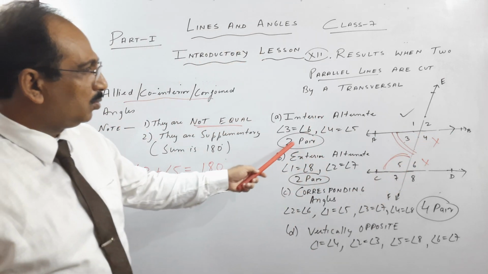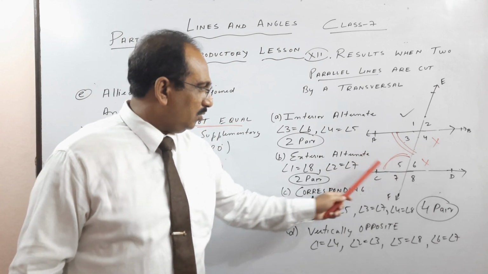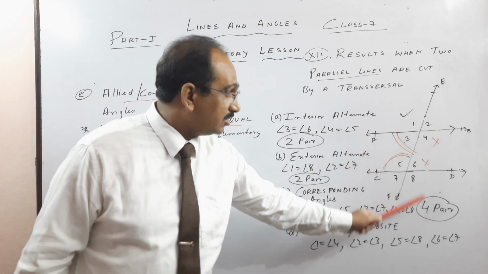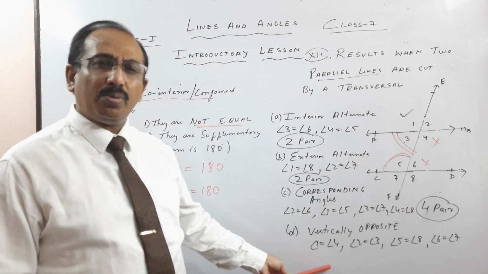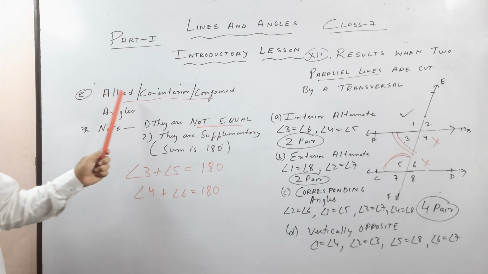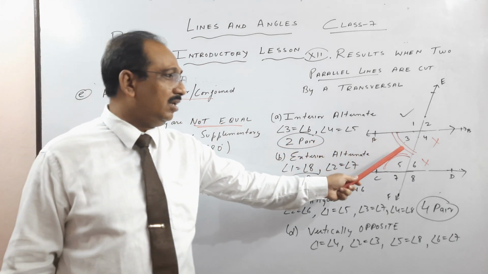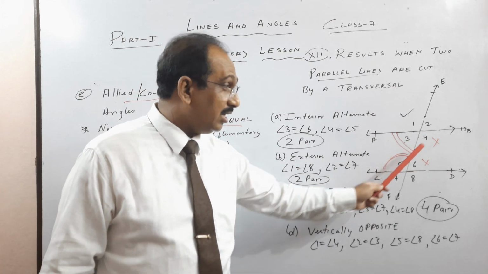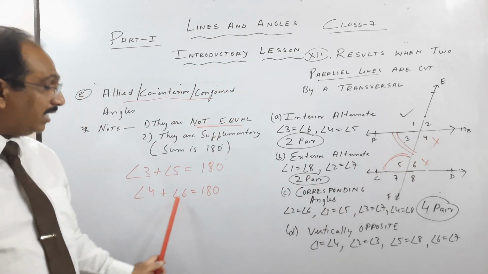So here we had two pairs of interior alternate, two pairs of exterior alternate, four pairs of corresponding angles, four pairs of vertically opposite angles, and we have two pairs of allied, co-interior or conjoined angles. 3 and 5, remember, they are not equal, they are supplementary, and 4 and 6 together make 180.